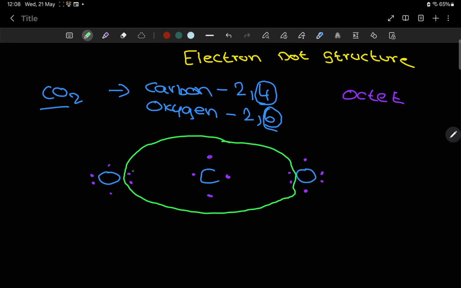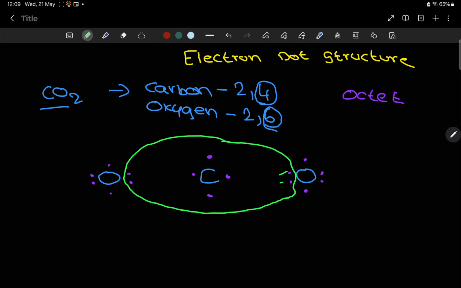Like this it will share: 1, 2, 3, 4, 5, 6, 7, 8. It has attained its octet configuration by gaining the 4 electrons which it needs.